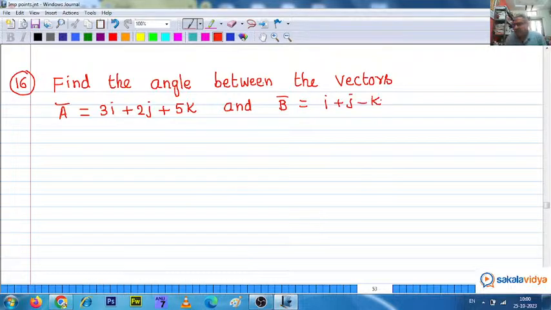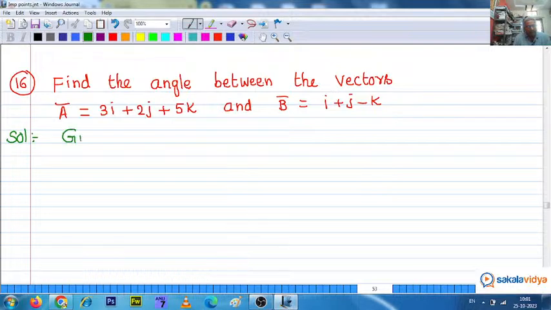It will be useful for mathematics also, EAMCET or JEE Mains also. How to find the angle between two given vectors. Even for physics it will be very useful. Right, find the angle between the two vectors A bar is 3i plus 2j plus 5k, B bar is i plus j minus k. Right, how to solve this problem?